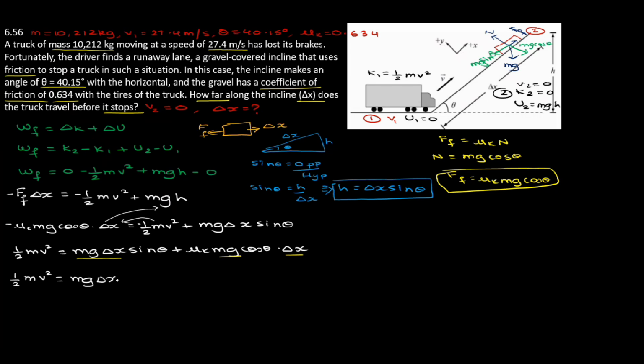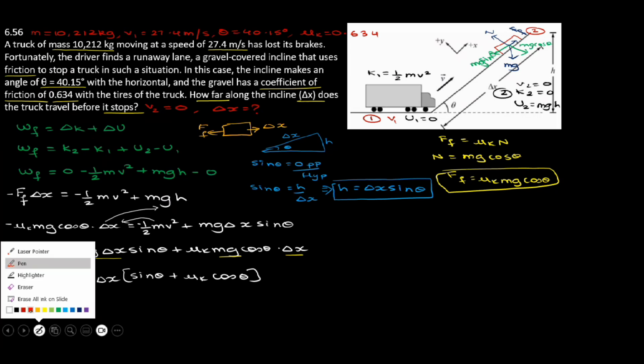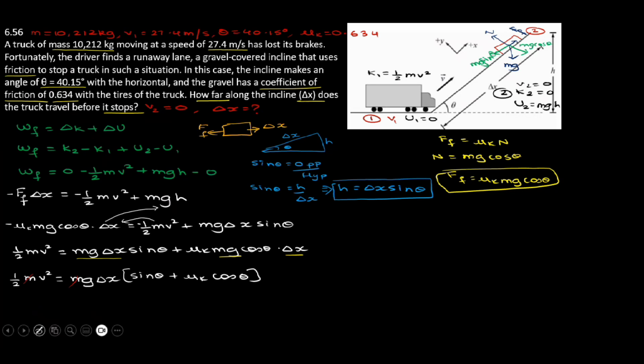Here you are left with sine theta, plus on the other side you are left with mu k cosine theta. m is present in both the terms here, so we can cancel off the m, and you get v squared over 2 equals g delta x times sine theta plus mu k cosine theta.